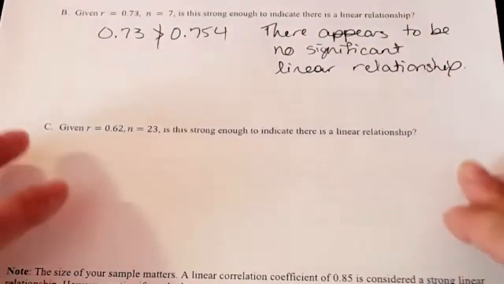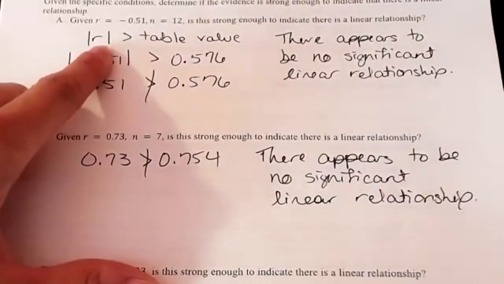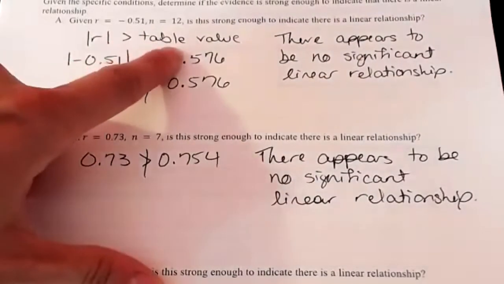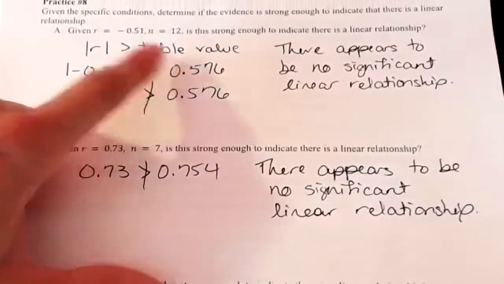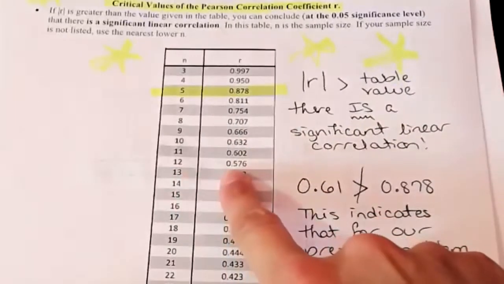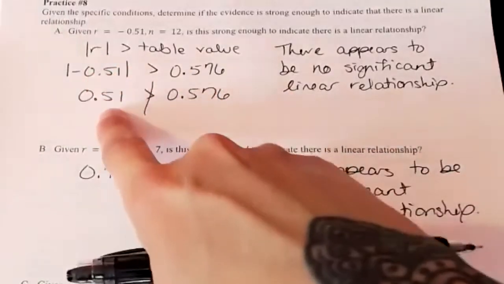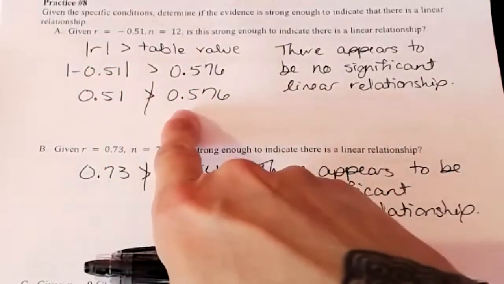Lucy, you want to verify that the value you calculated is greater than the table value. So for instance, with this one, when N equals 12, our table value was 0.576. We compared the absolute value of that R value with the table value.